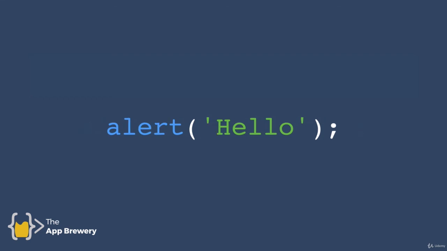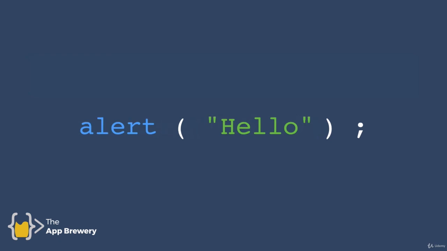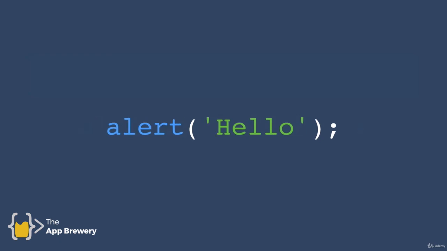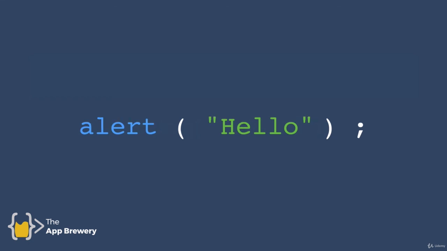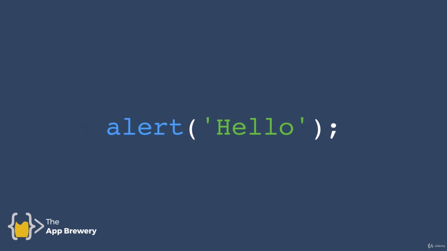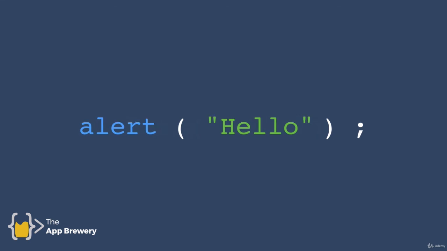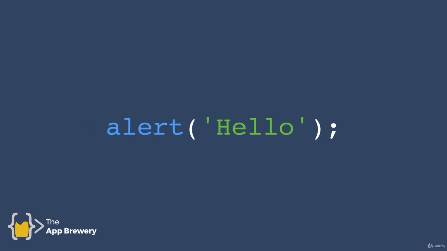Now, the other stylistic choice is that when you have the hello inside quotation marks, you can either choose to use single quotes or double quotes. The browser and the computer doesn't care. It treats it as the same. But as a style convention, most JavaScript programmers in this case will use the double quotes over the single quotes.